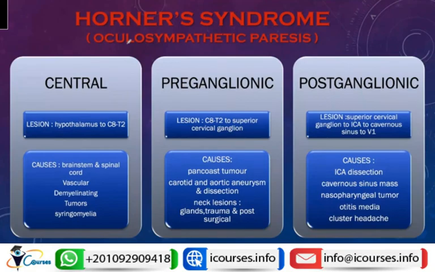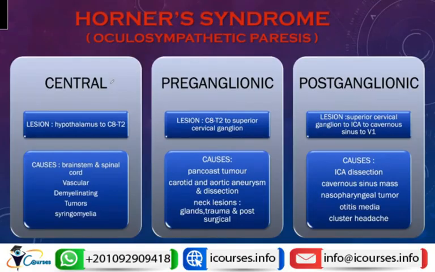The Horner syndrome means that there is a problem with the sympathetic pathway, or there is a lesion involving the sympathetic pathway. This will lead to affection of the sympathetic supply to the eye, which supplies the dilator pupillae muscle, so that the dilator will fail to dilate, leading to constriction of the pupil. So the abnormal pupil here will be the smaller one.